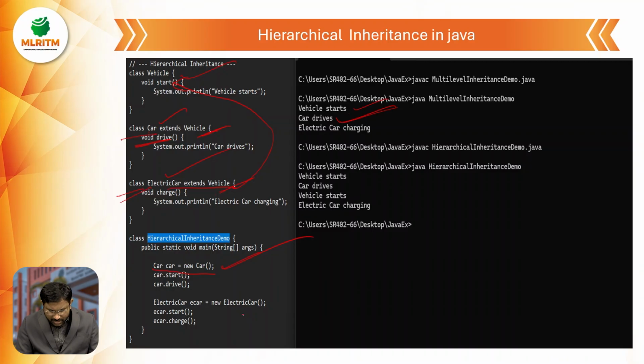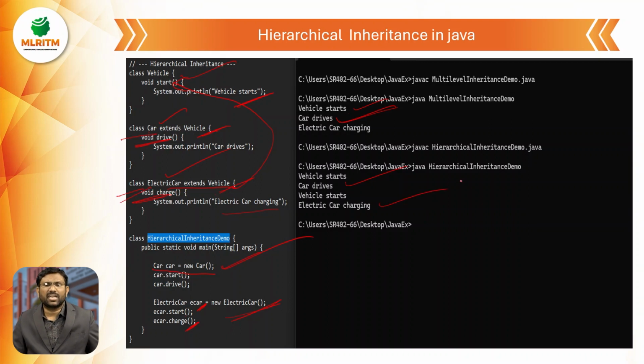Next, I have created an object for ElectricCar, eCar, which is the reference variable. eCar.start: start is available in the parent class. eCar.charge: charge is available in the ElectricCar class, so we get the output "Electric car charging".